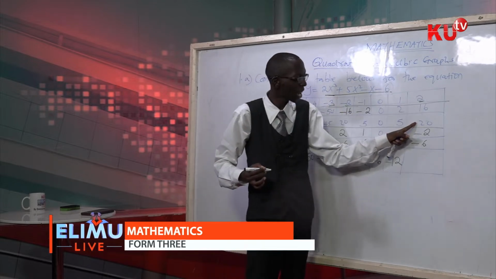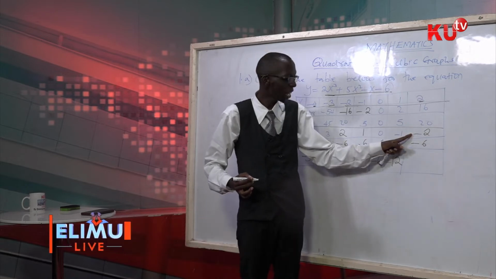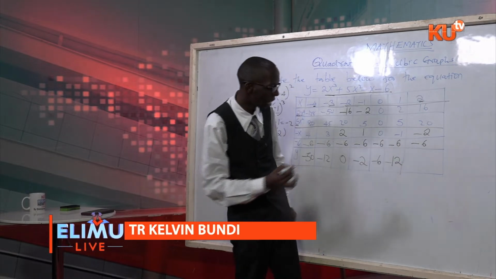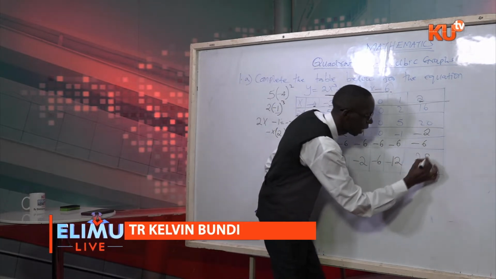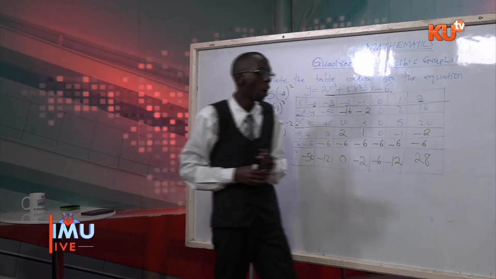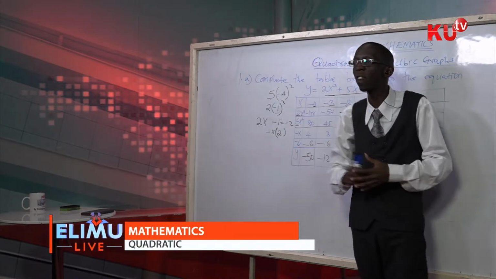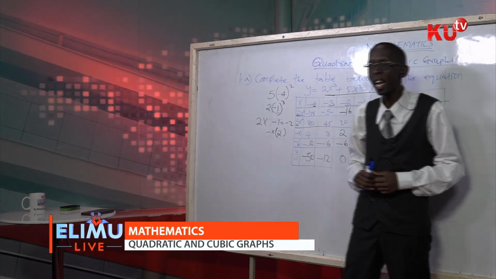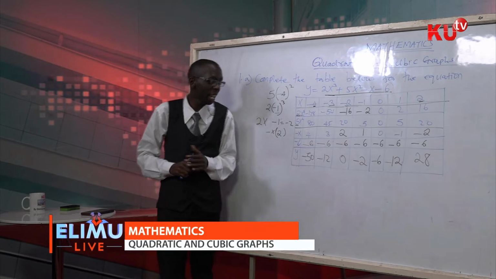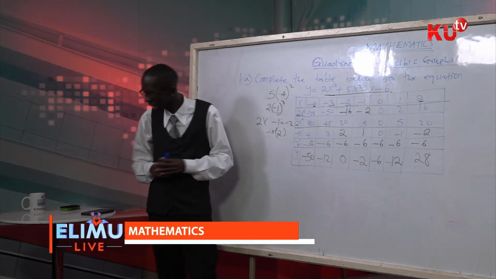Negative 6 plus negative 6, negative 12. 16 plus 20, 36. 36 plus negative 2, 34. 34 plus negative 6, it will give us 28. And that is how you get the values of y from the given equation and the values of x that you are given in a certain range.